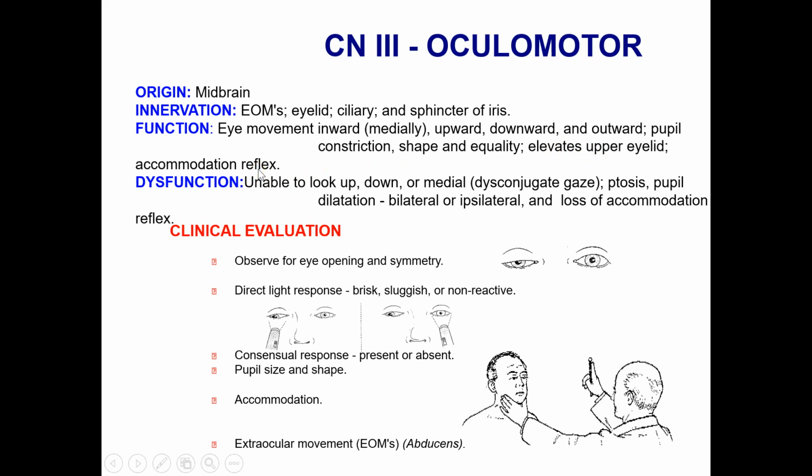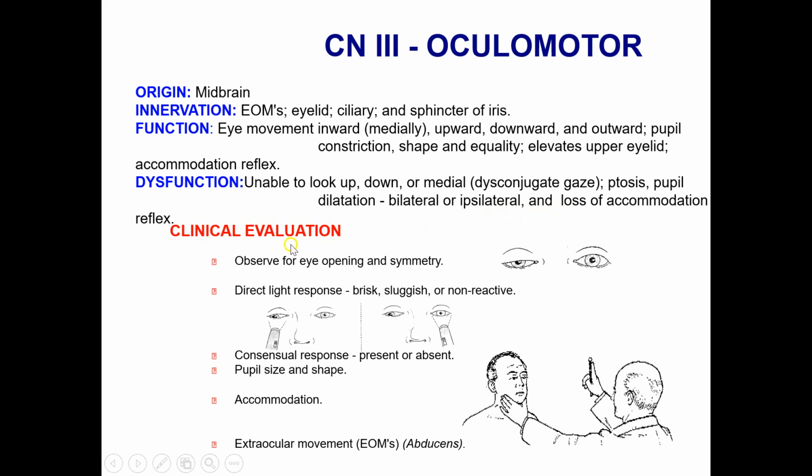Accommodation reflex is also a function of the oculomotor nerve. Its dysfunction can lead to what? The patient has difficulty looking up, down, or to the medial side. So the patient may have disconjugate gaze, as we discussed before. You may find ptosis, you may find pupillary dilatation. It may be a bilateral or ipsilateral problem, and there is loss of accommodation reflex.